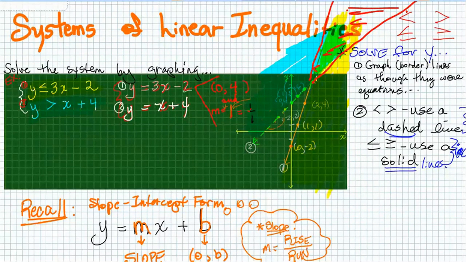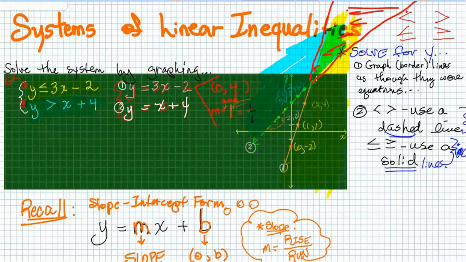So you take each inequality, graph the borderline first, then shade one region at a time, and then the small area that is shaded by both of your colors from both of your lines, that is the solution for this system. That's the intersection of your inequalities.